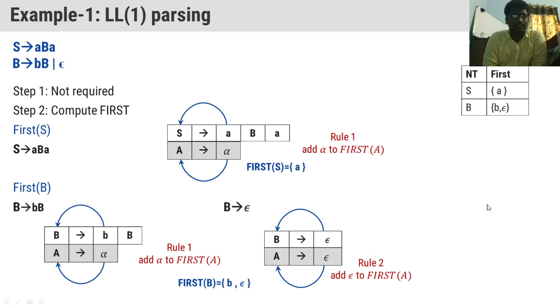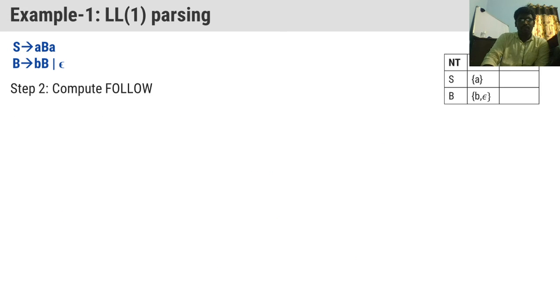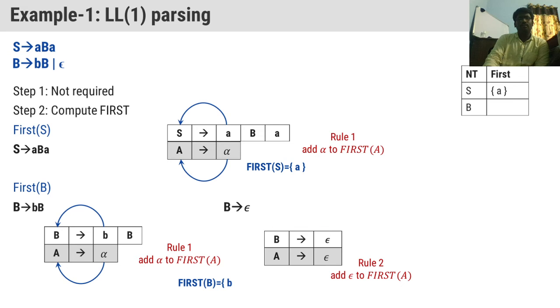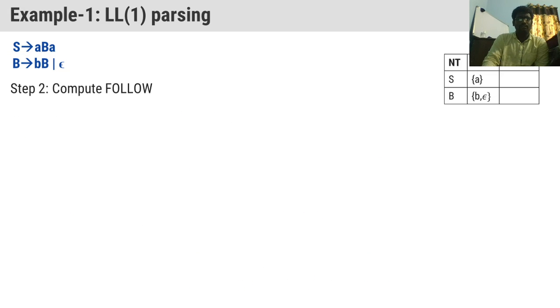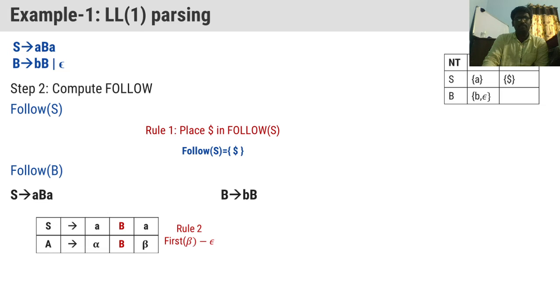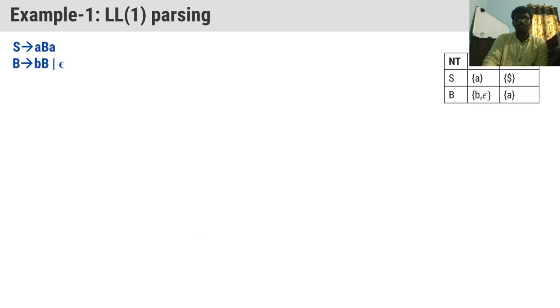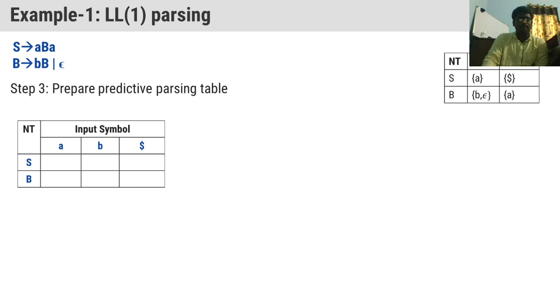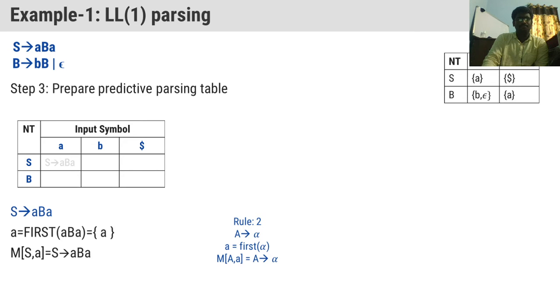Okay, this is about first sets in the LL(1) parsing technique. Now we will see how to find out the follow sets. Okay, so anyhow, we will see another example also to find out the first sets. We will take another example. Later we will discuss about the follow sets. Okay, please look at one more example for finding out the first sets.